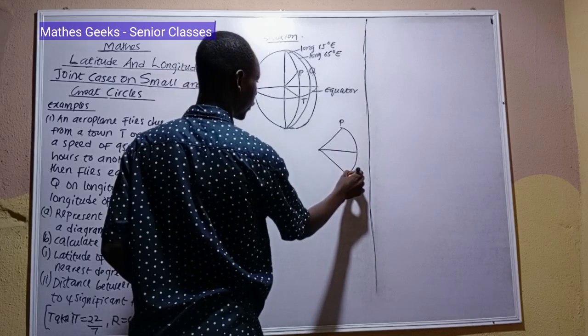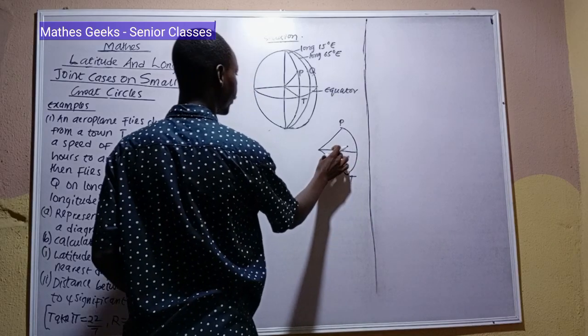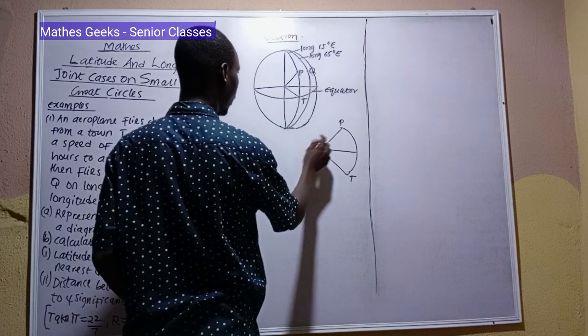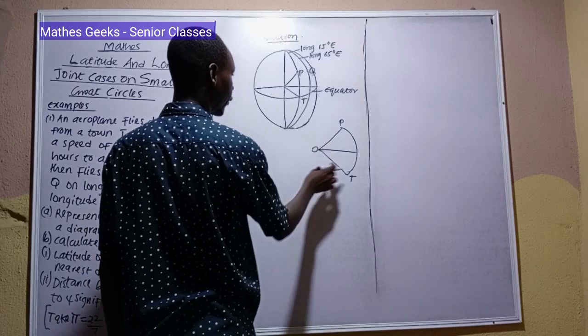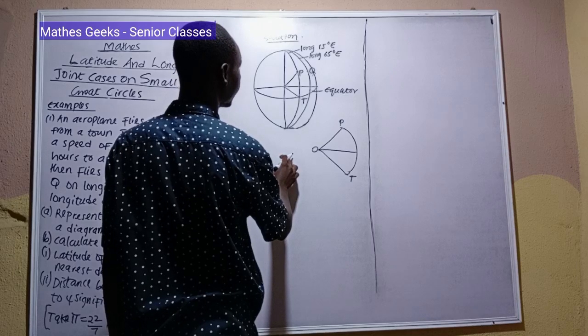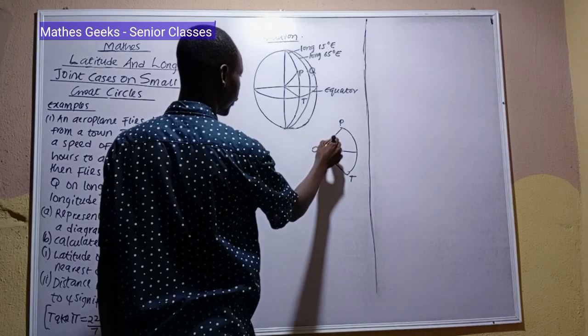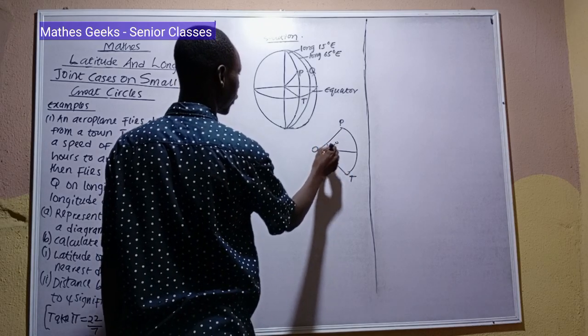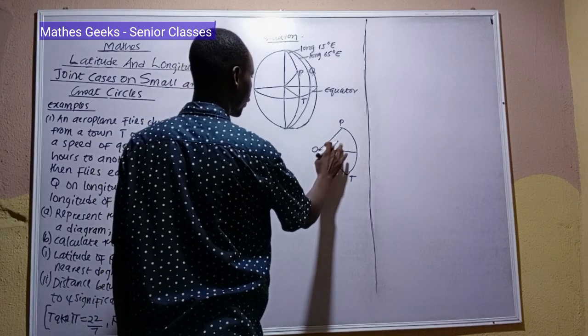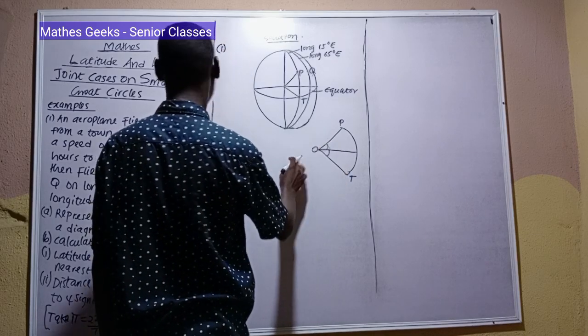This is P and this is T. This is the radius of the great circle, from the equator. Let the center of the great circle be O. The longitude of P is 15 degrees east, and that of T is also 15 degrees east.